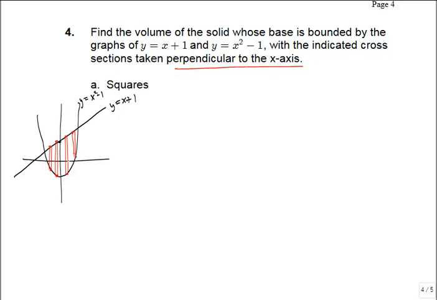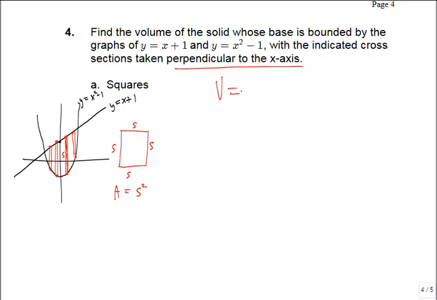Now that cross section forms a square in this third dimension. So you've got this square shape projecting out towards you into space. So if I were to take this slice right here and plop it on its side, it's going to form a square shape. If I call this side length S, then these are all S's, and we know that the area of a square is side squared.